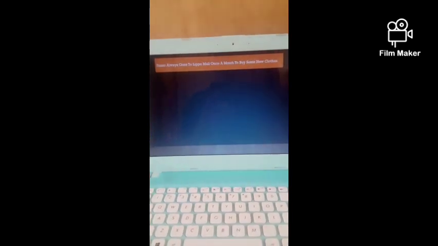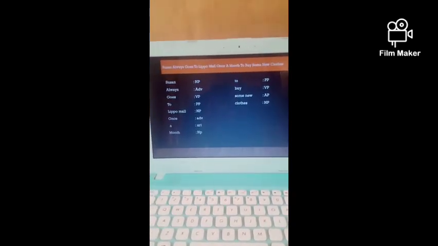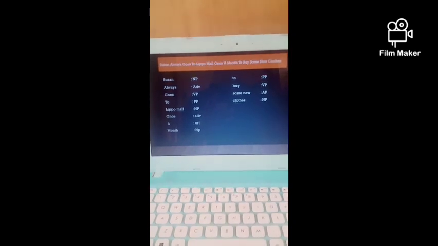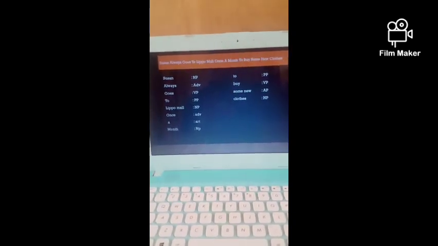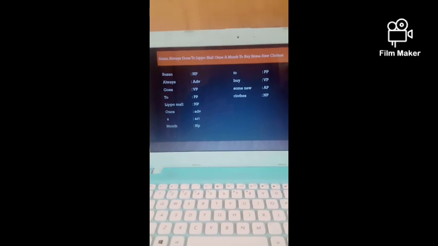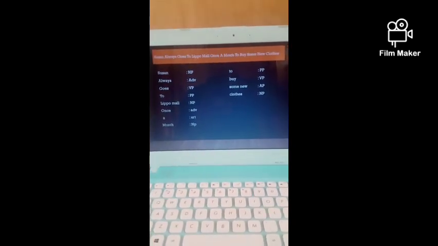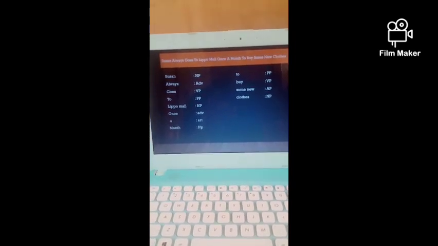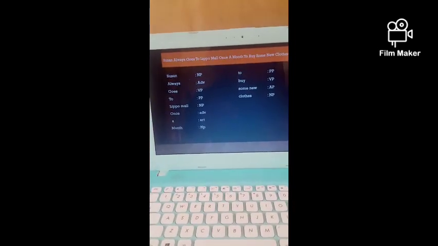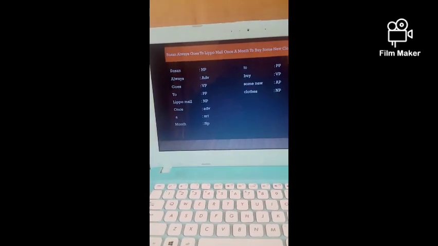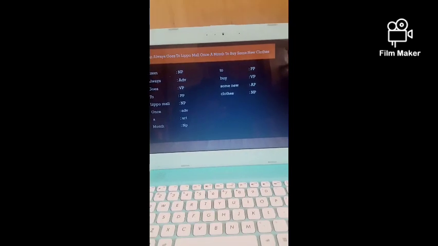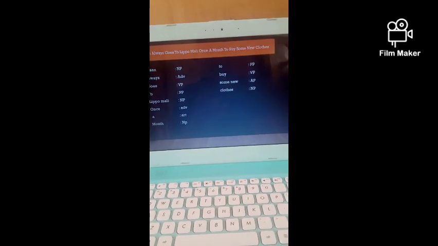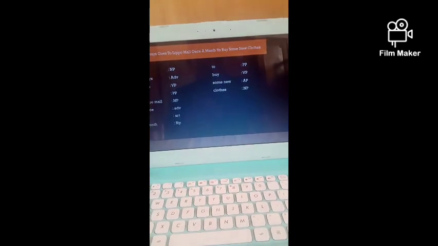Let's look at the explanation. Susan is a noun phrase, always is an adverb, goes is a verb phrase, to is a preposition phrase, Lipo Mall is a noun phrase, once is an adverb phrase, a is an article, month is a noun phrase, to buy is a verb phrase, some new is an adjective phrase, clothes is a noun phrase.